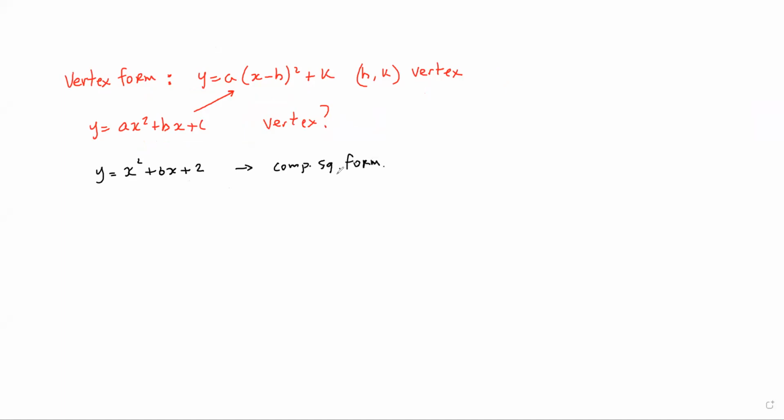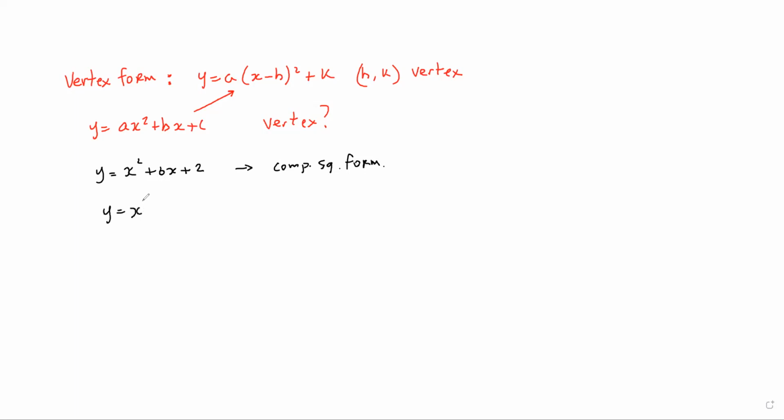So we use the ideas that we used a couple of weeks ago when we completed the square. The problem now is that we've got a y here, we don't have 0. So what we've got to do is take our middle number as we did before.